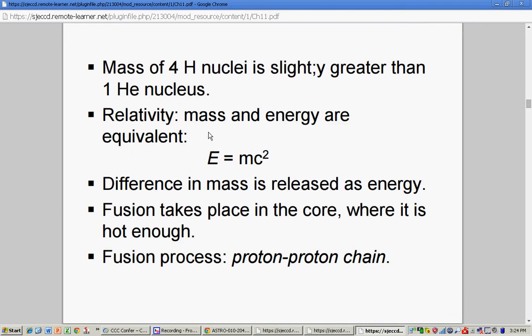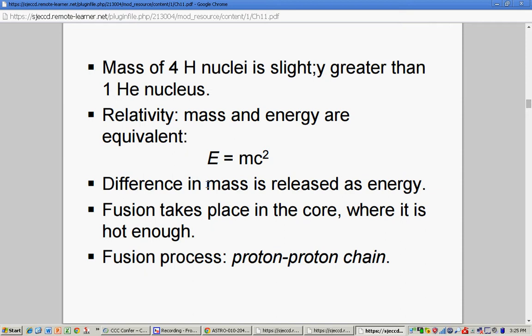There you go. So why is energy produced? Well, take the energy contained in four atoms of hydrogen and compare it with the energy contained in one atom of helium. Remember, 4 atoms of hydrogen are converted into 1 atom of helium. When you compare those two quantities, there is a difference in energy, a difference in mass.